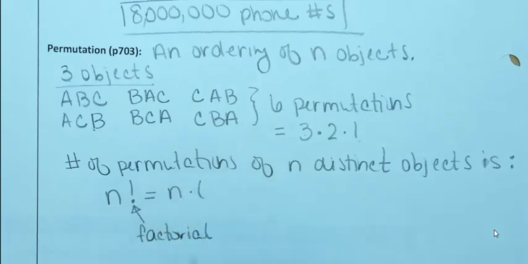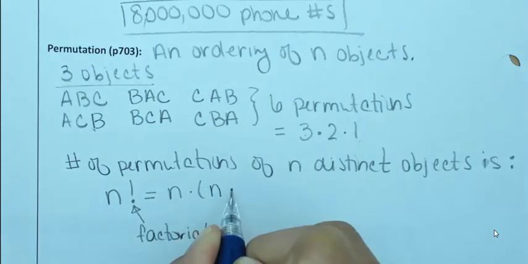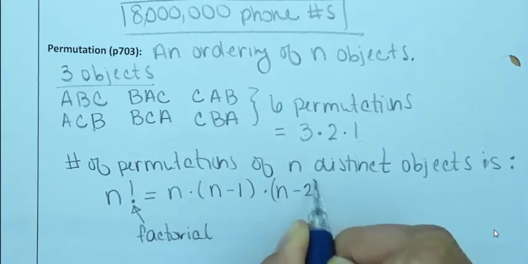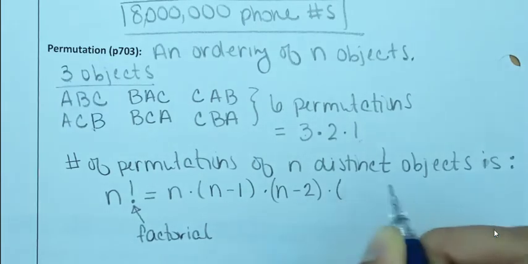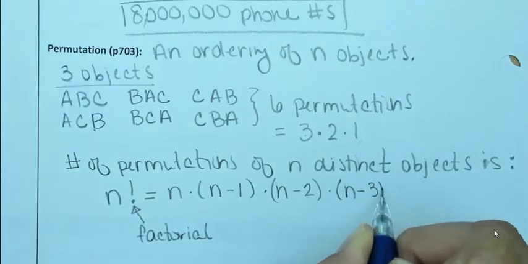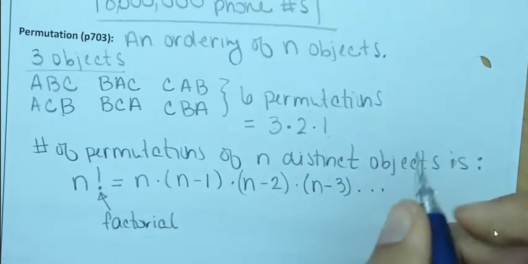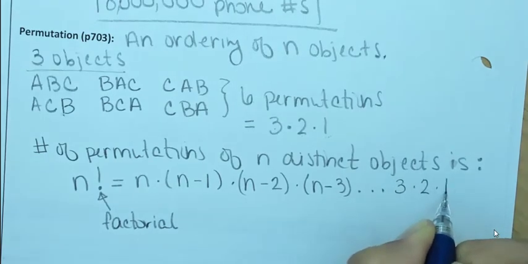So if n is your original integer, then your next consecutive decreasing integer is going to be 1 less than it. And the next one after that is going to be 2 less than your original number. And the one after that is going to be 3 less. And on and on and on until you get down to the actual numbers like 3 times 2 times 1.